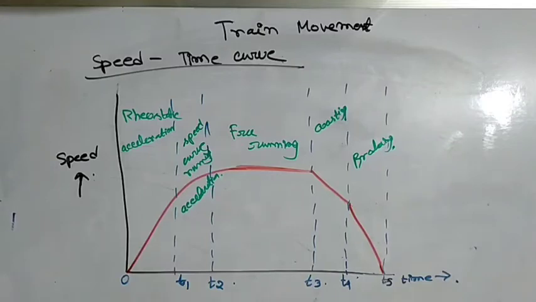And mainline service is characterized by the long period of free running at high speed, and the accelerating periods are unimportant as they are short as compared to the total run of the train. And for suburban train running on level track, the coasting retardation is approximately 0.16 km per hour per second.